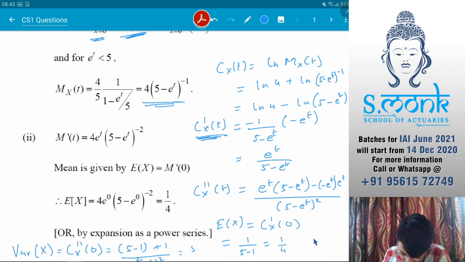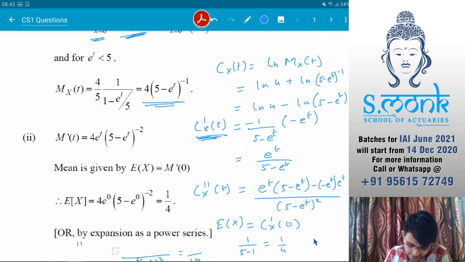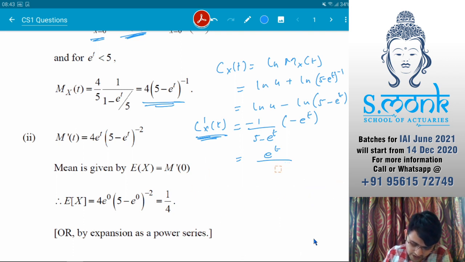So this is basically 5 by 16, that becomes our variance, 5 by 16. So this is how you will find expected value and variance, or expected value of x square, these kind of values using mxt and cxt.